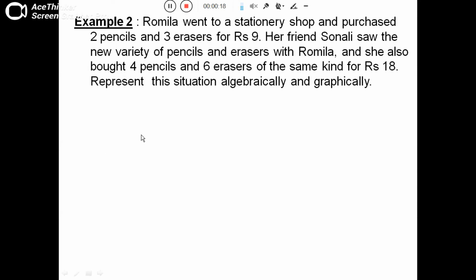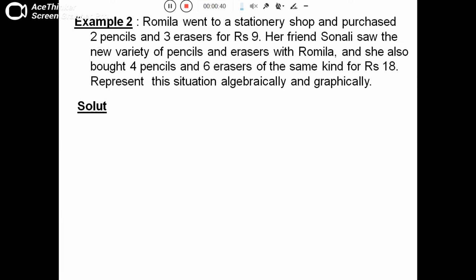So let us see the solution of this based on the condition. First of all, we have to represent the equations algebraically according to the condition, and afterwards graphically.